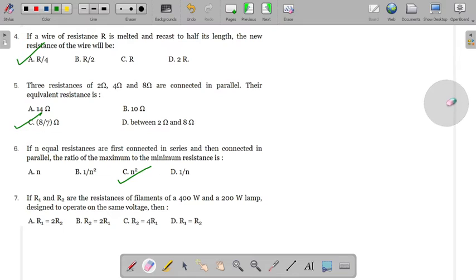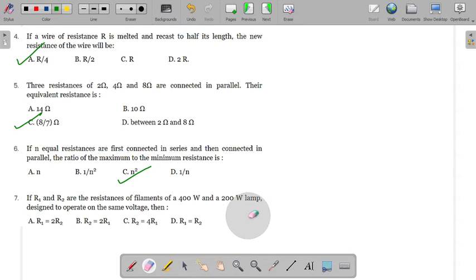If R1 and R2 are the resistances of filaments of a 400 watt and a 200 watt lamp designed to operate on the same voltage, then we are asked for the relation between R1 and R2.